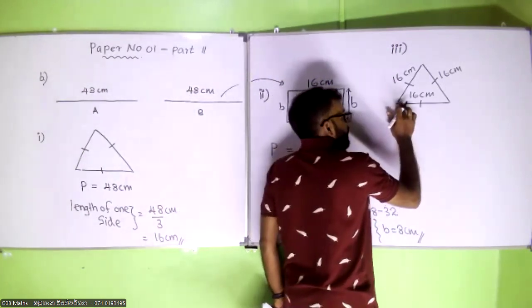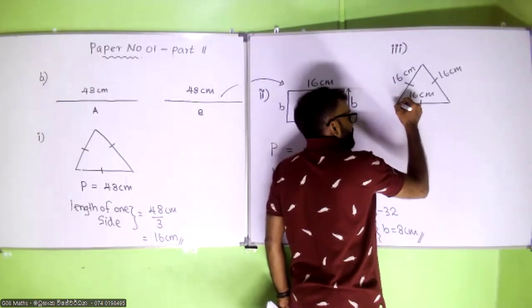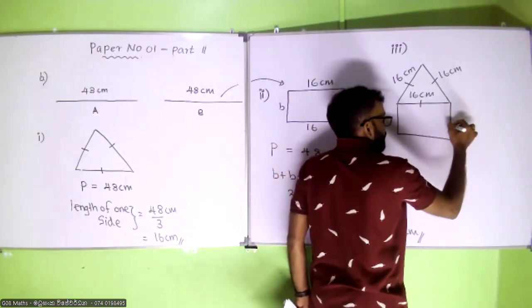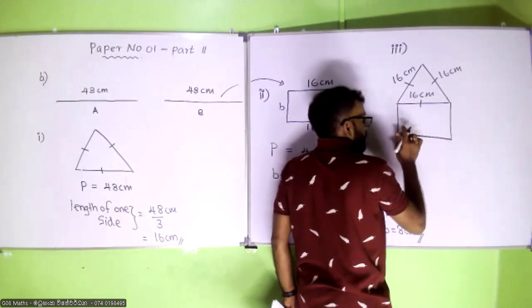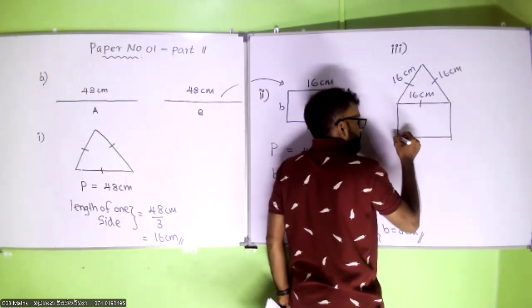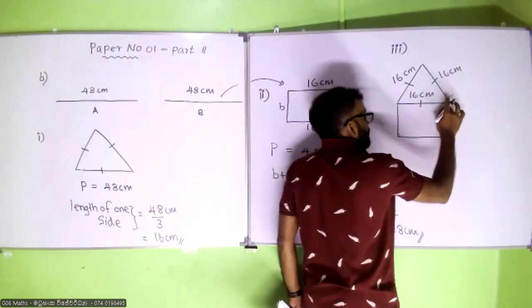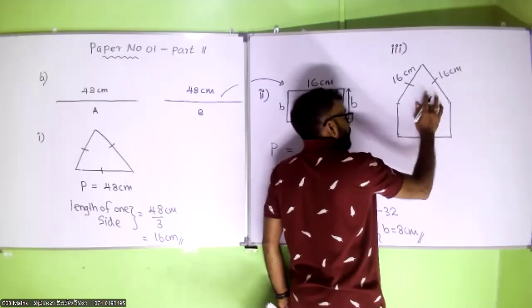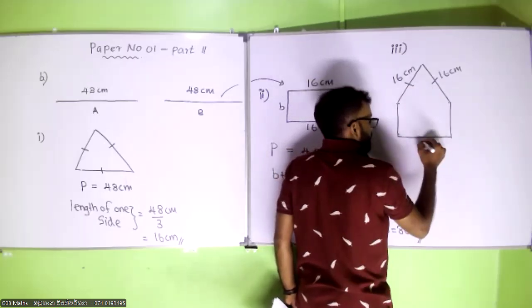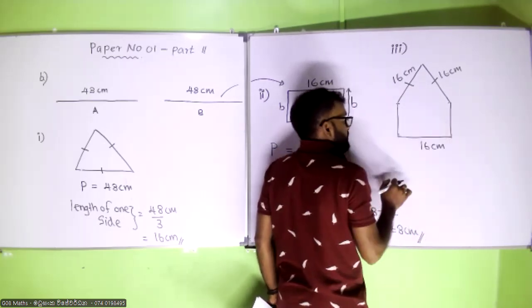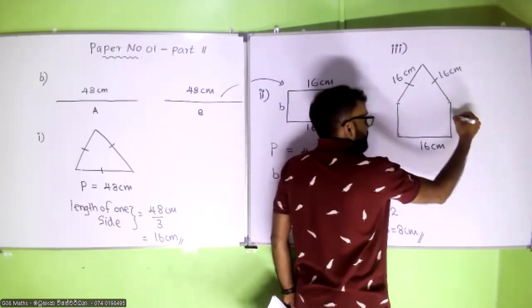So I am going to remove this part so that I will make this rectangle here. I will join this rectangle from here. So this is my combined figure, where the length of the rectangle is 16 centimeters and the breadth is 8 centimeters.